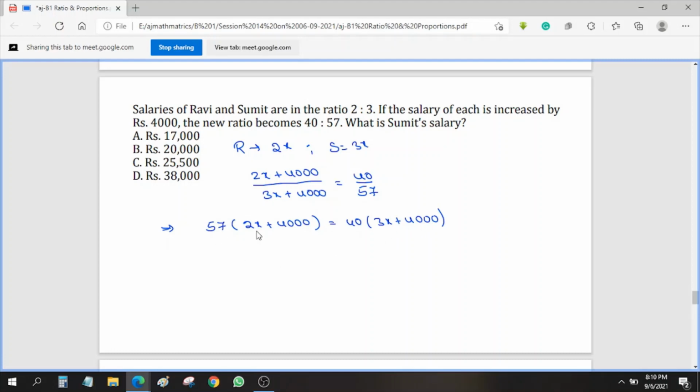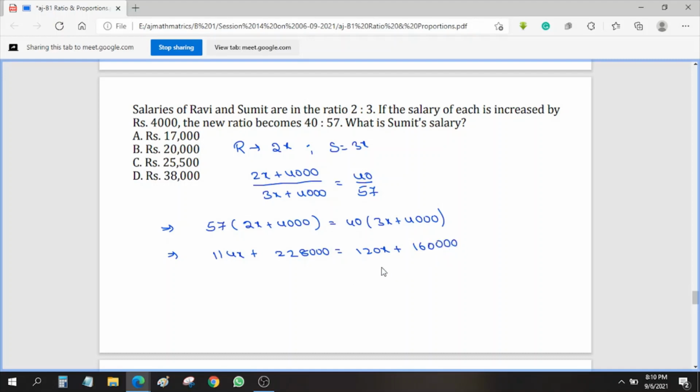So 57 into 2x, 57 into 4000, 40 into 3x, 40 into 4000. 57 into 2 is 114, so 114x plus 57 into 4, which is 228,000, and 40 into 3x is 120x, plus 40 into 4 is 160,000.